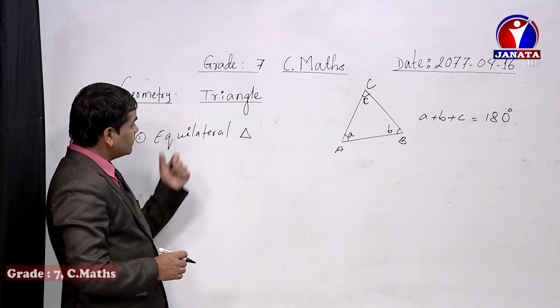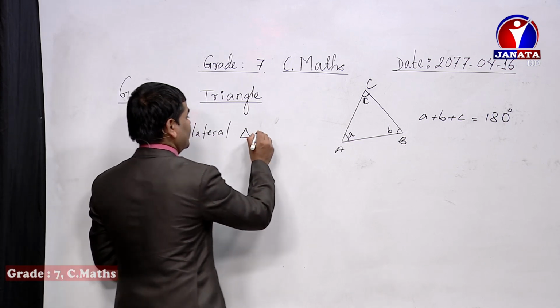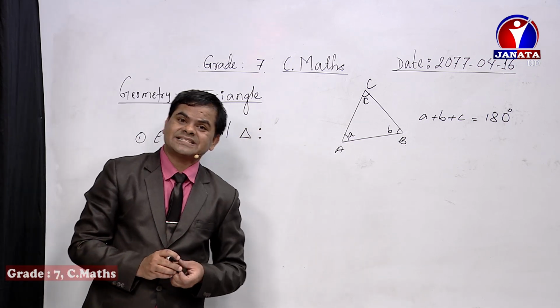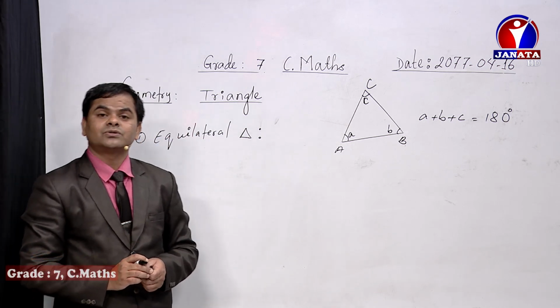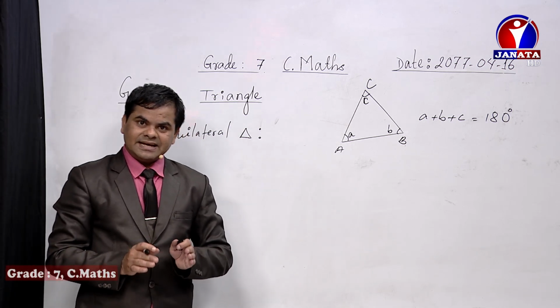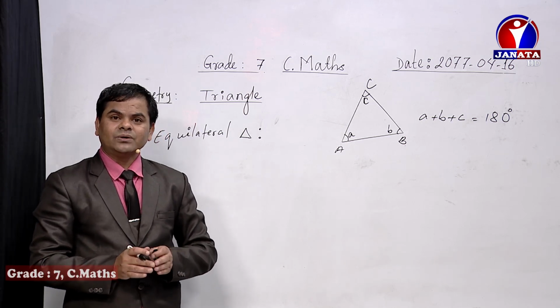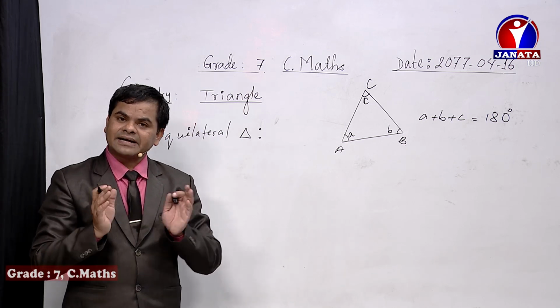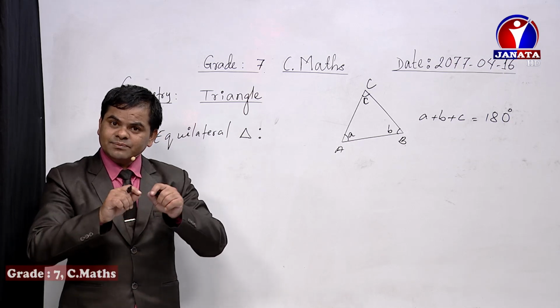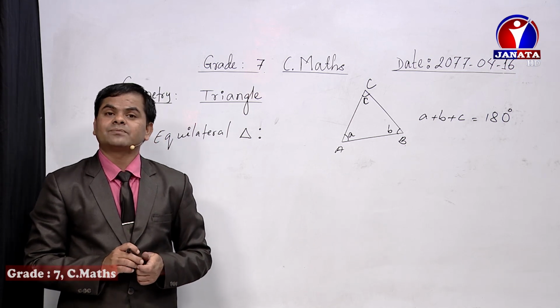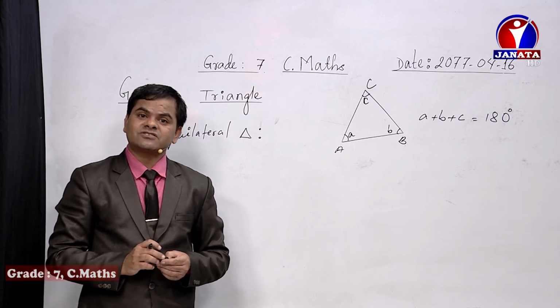So equilateral triangle means a triangle having all sides as well as all angles equal to each other. That means there will be three sides of each and every triangle, and if those three sides are equal, and the angles made by those three sides are equal, that type of triangle is known as equilateral triangle.